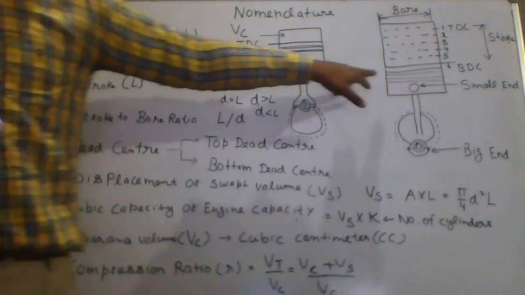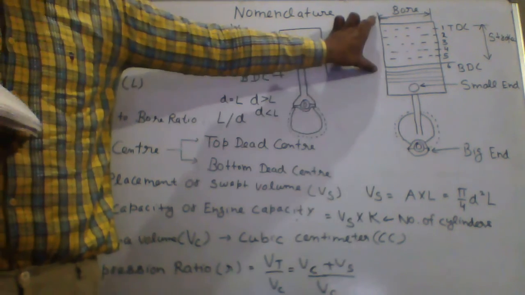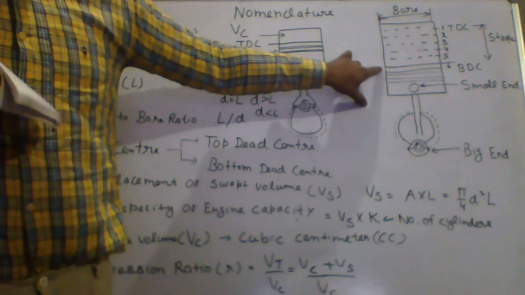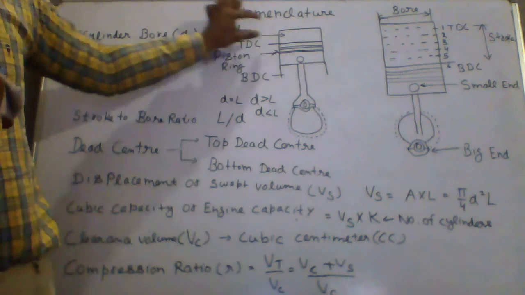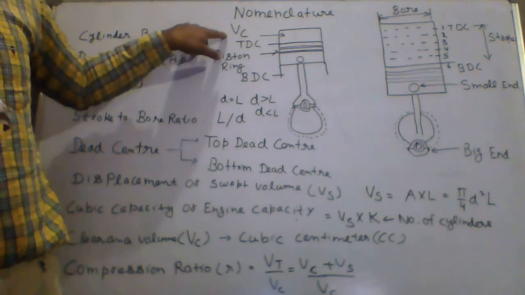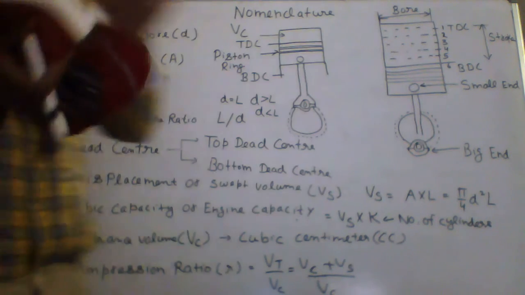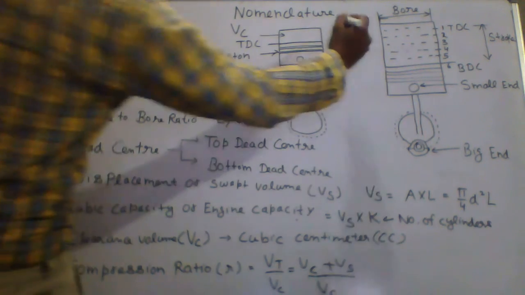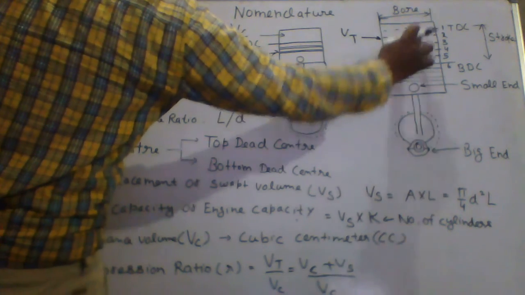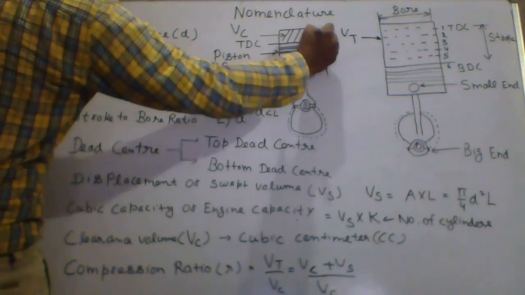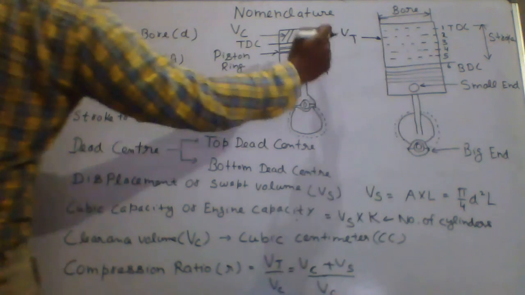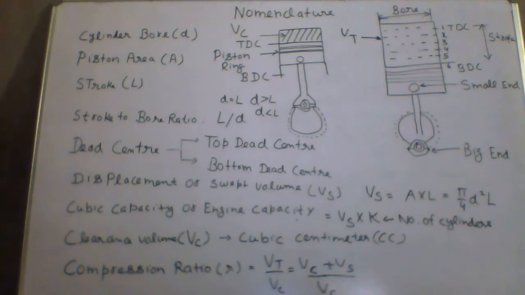When your piston is at bottom dead center, this is your total volume Vt, and this volume is Vc. When you divide Vt by Vc, it will give you the compression ratio.